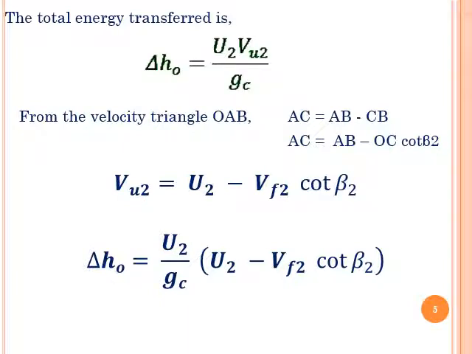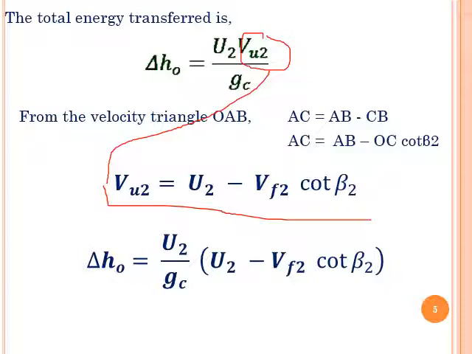Now the total enthalpy change is equal to U2 Vu2 by Gc. Here U2 by Gc, and Vu2 is equal to U2 minus Vf2 cot beta 2.